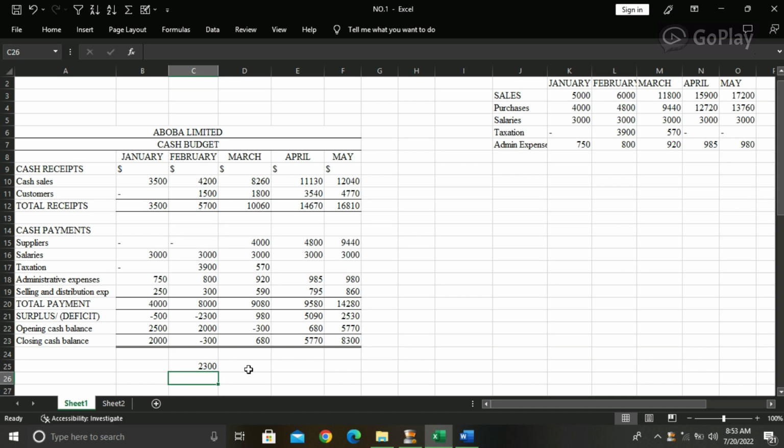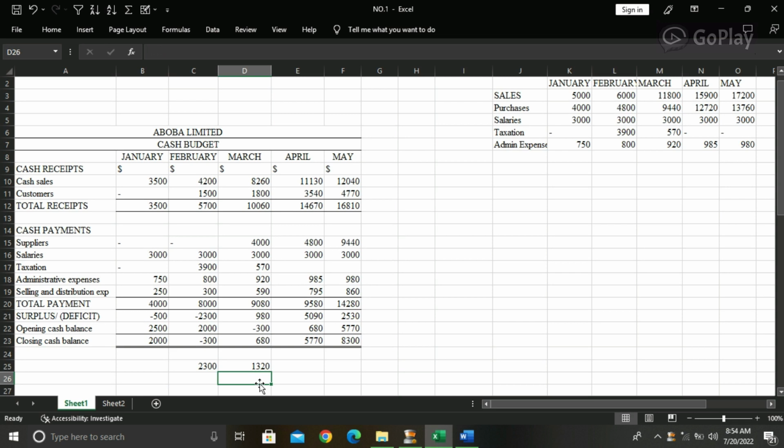When we move to March, the closing balance for March is 680, and this also does not meet the requirement. So the company must also borrow at least 1,320 to make sure that it meets its requirement of $2,000 minimum balance.